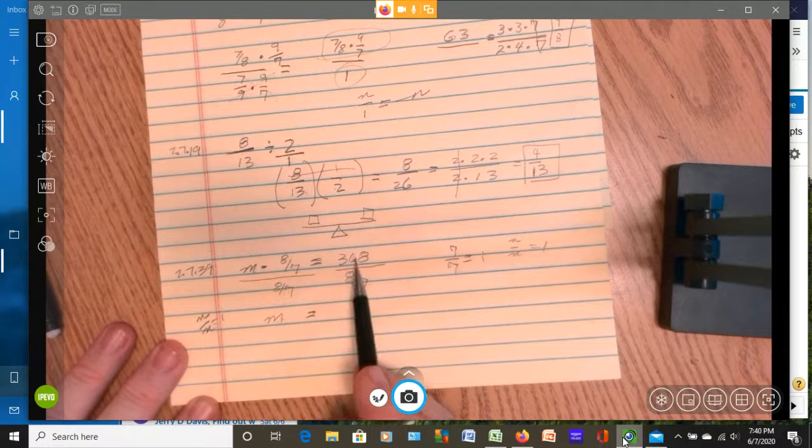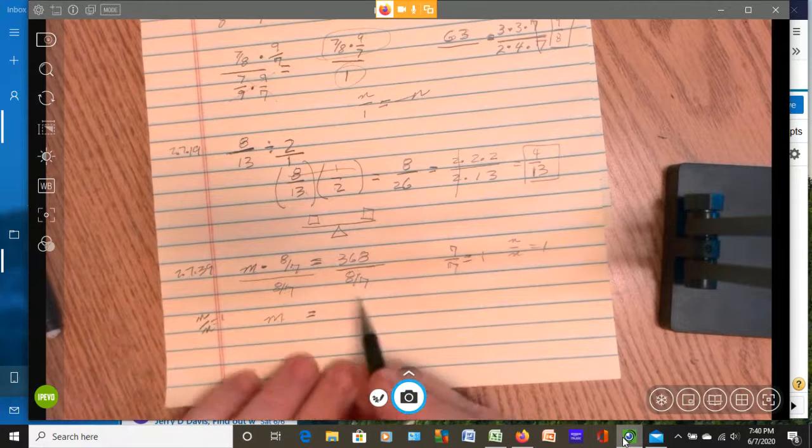But I'm not done. I've got to now say 368 divided by 8/7. Do you remember this little trick we had in an earlier video? I'm just going to multiply through by the reciprocal in the top and the bottom. 8/7 times 7/8: the 7s cancel, the 8s cancel, I get 1 down here.